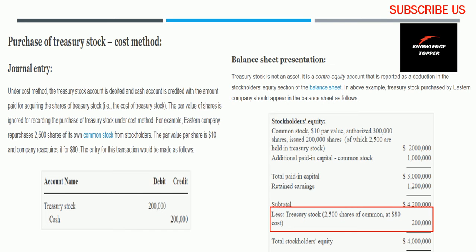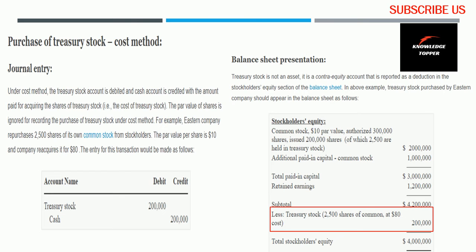Remember a few key things when understanding the purchase of treasury stock under the cost method. Under the cost method, the treasury stock account is debited, as you can see right here, and the cash account is credited with the amount. Whatever amount is given to you, you should record according to that.